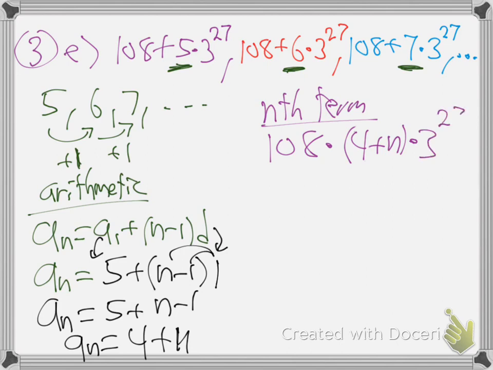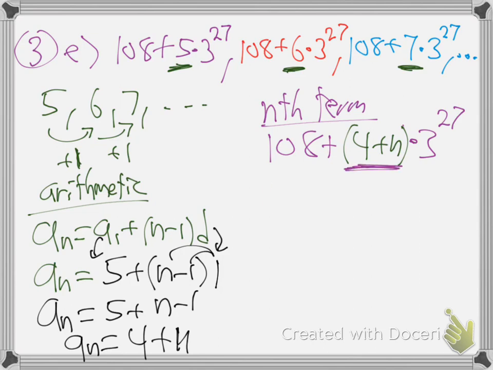Is that making some sense? Maybe if I change the color to be more clear. Oh, this is supposed to be plus, isn't it? Did I mess that up? There we go. So 108 plus, and then right here I put my formula, 4 plus n times 3 to the 27th. So the rest of that stuff is a fixture, and I put in the formula right here.